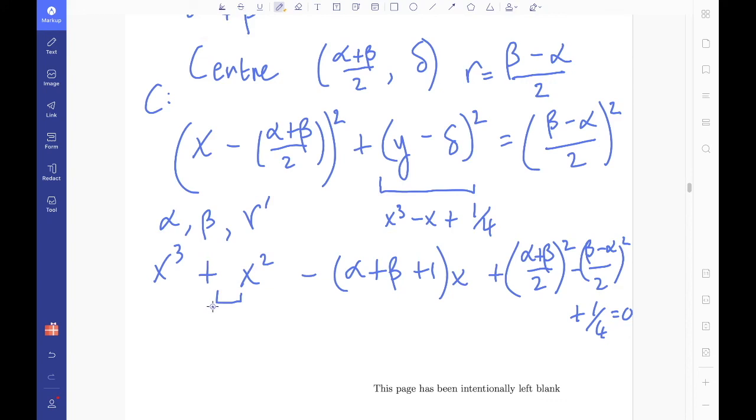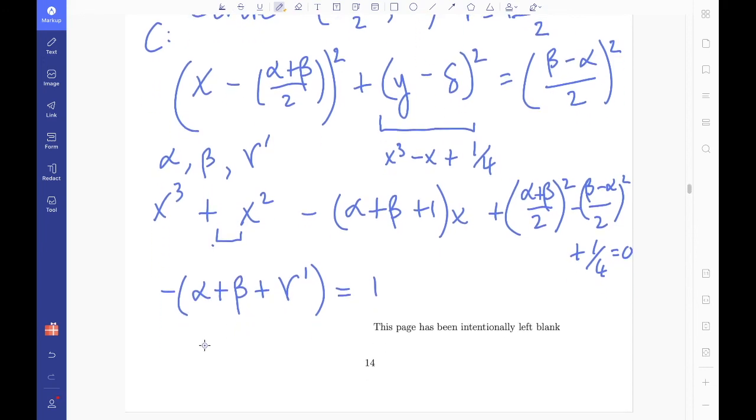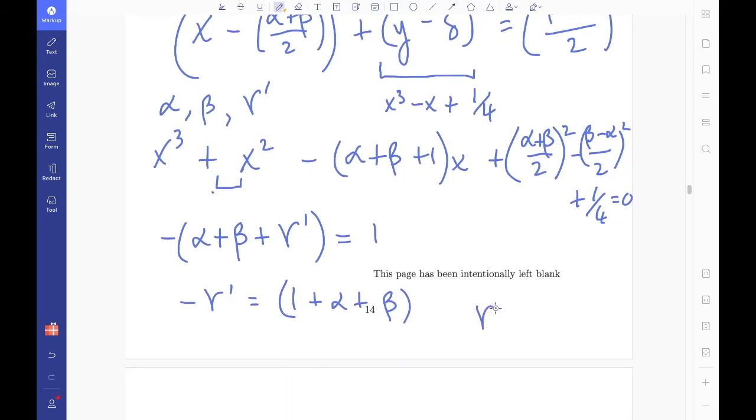So what I should be able to do is say that minus (alpha plus beta plus gamma prime) is equal to 1. Then if I rearrange this, minus gamma prime is equal to 1 plus alpha plus beta, so my gamma prime is equal to minus 1 plus alpha plus beta.